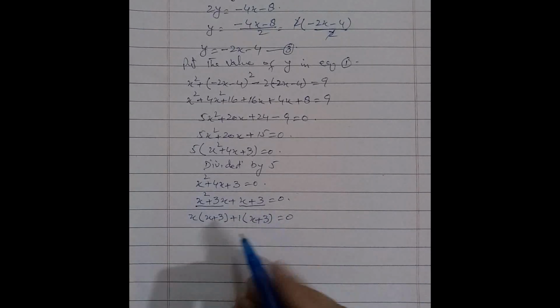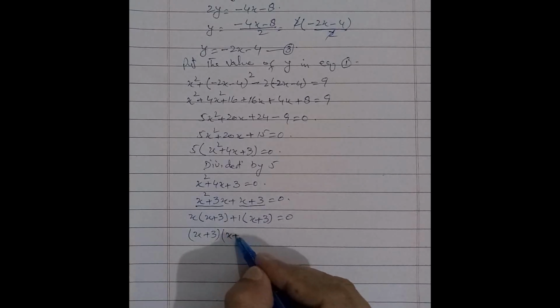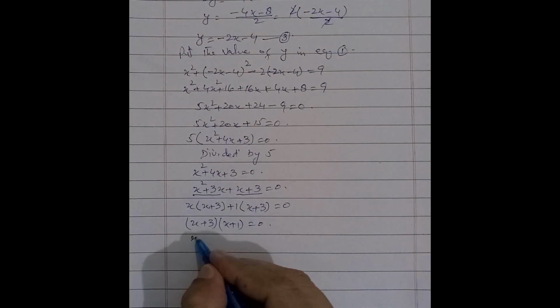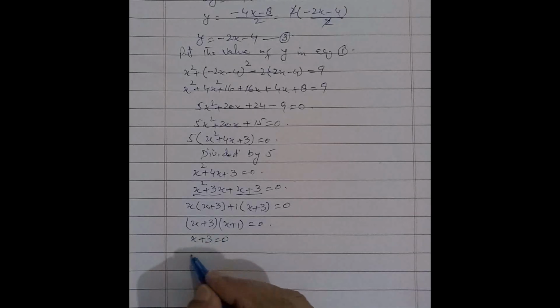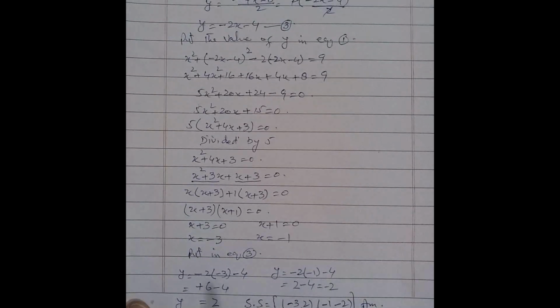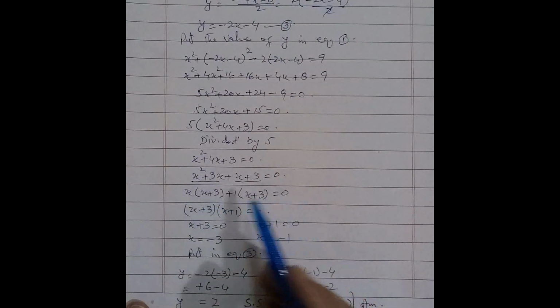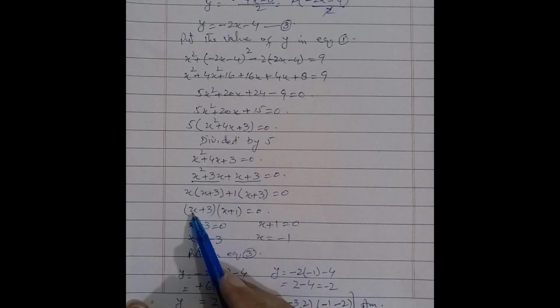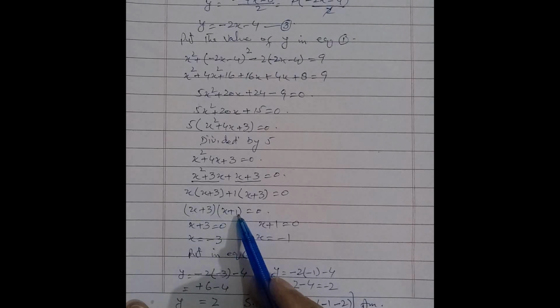And from the whole expression, we take x plus 3 and x plus 1 is equal to 0. We get x plus 3 into x plus 1.